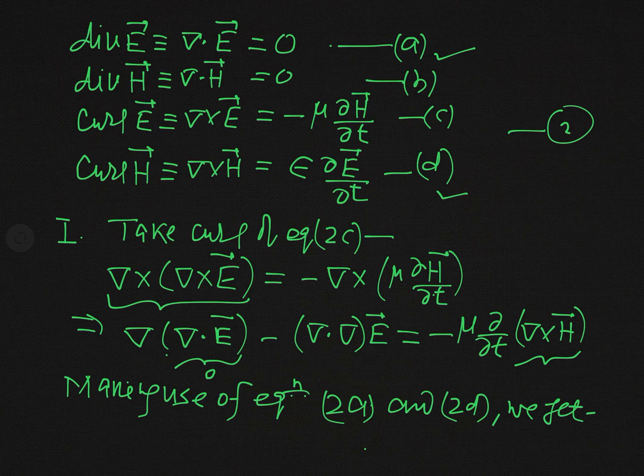You can see from here, the first term in the LHS will be 0, and this will be del square E, and del cross H will be replaced by epsilon into del E by del T. And so we will simplify this result by using these two equations.